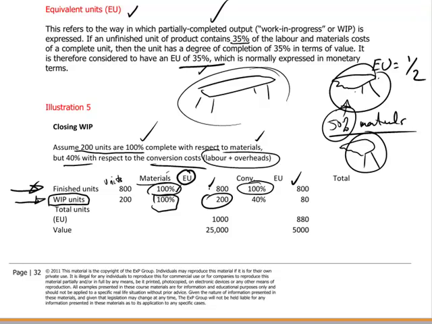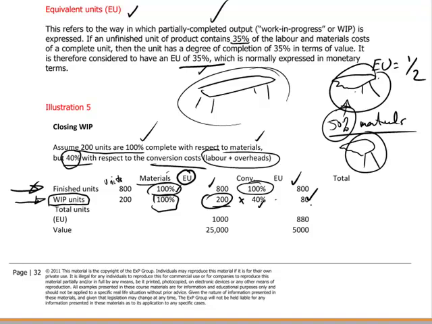However, with regard to conversion costs, here's the difference. Those WIP units are not complete because they have built in only up to 40% completion with respect to conversion costs, labor and overhead costs. 40% means that 200 WIP units are equal to 200 times 40%, or 80 equivalent units.